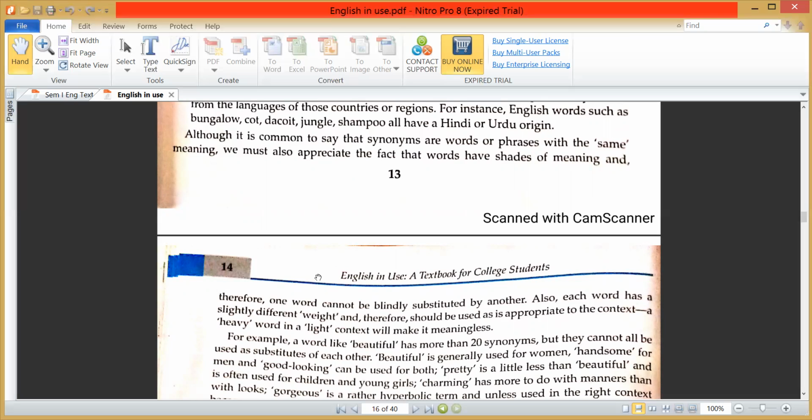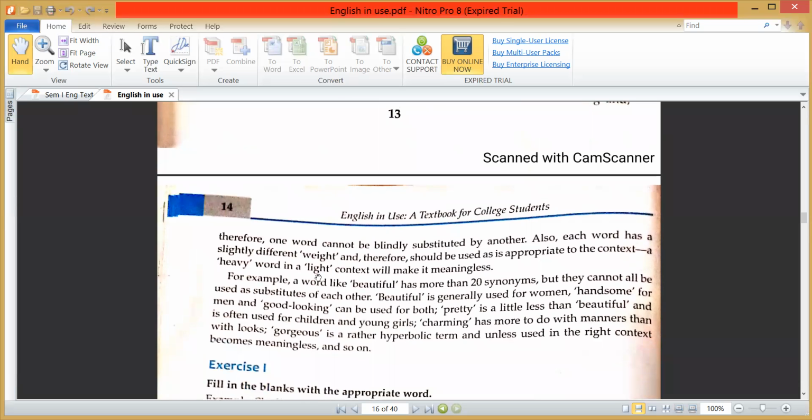For example, if you are using a heavier word in a lighter context, or funny things in a serious mode, or serious things in a lighter context, that would be inappropriate actually. So we need to understand which word to use when, and use appropriate words according to the time.